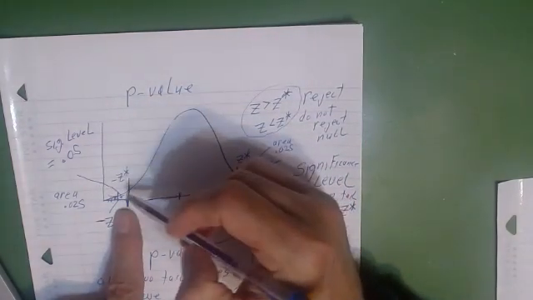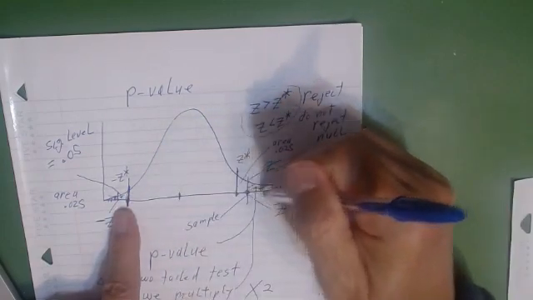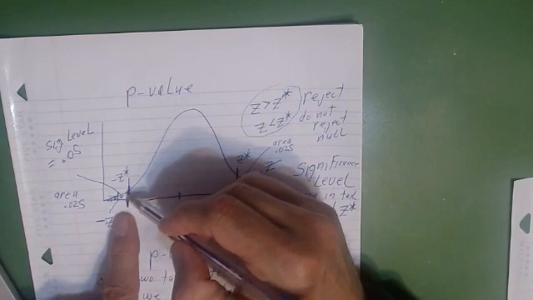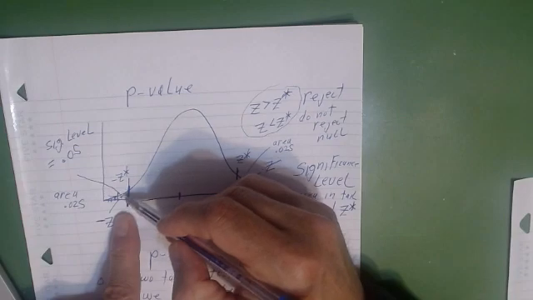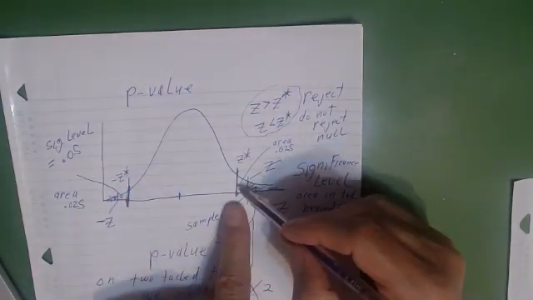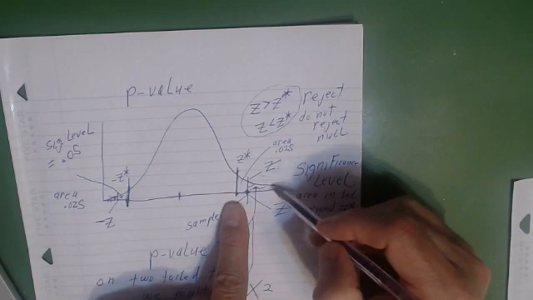That means there's a 2.5% chance that you'd be in either one of these tails individually. There's 2.5% probability, or 0.025, that you're less than negative z star in this tail, and a 0.025 chance that you're greater than positive z star.